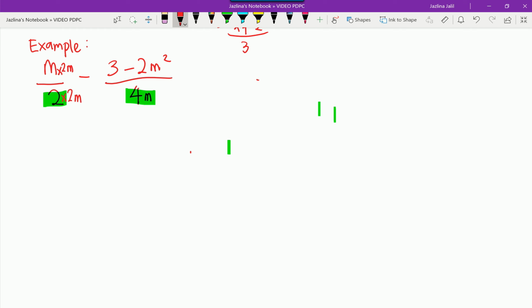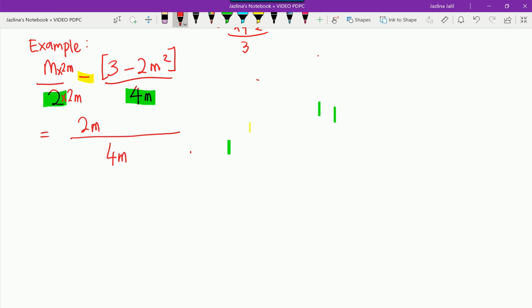Now the next step is you have to use a bracket here, because this is a very common question and common mistake that students make. Question usually comes out with the minus operation here. So the next step will be over 4m, and the numerator here will be 2m square. Why do I ask you to use the bracket?